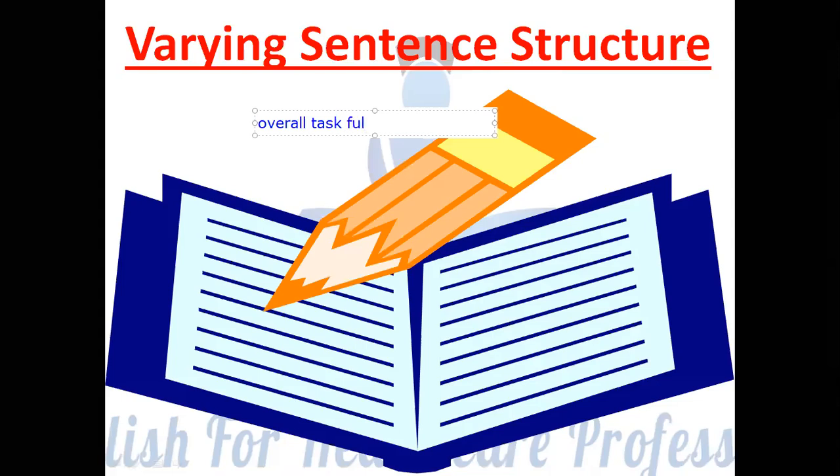So overall task fulfillment looks at your ability to construct sentences which are appropriate in the context, and which convey the right kind of message to the reader. And it looks at your ability to frame the overall layout. That means the cohesion of your letter, your paragraphing. So your paragraphing, your way to connect sentences, is looking at your ability to construct sentences.